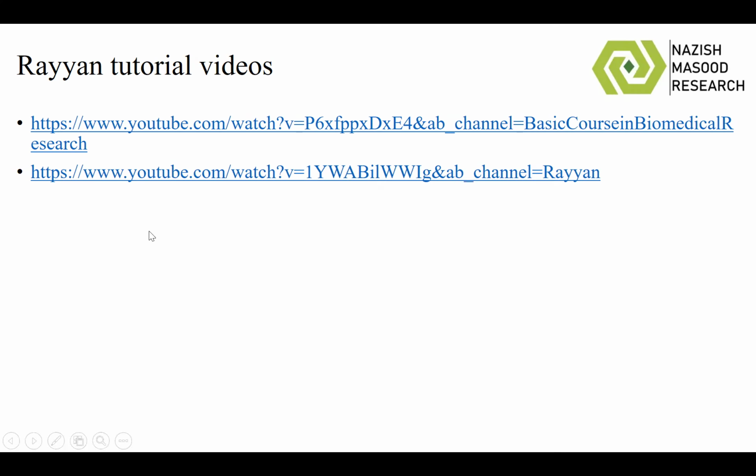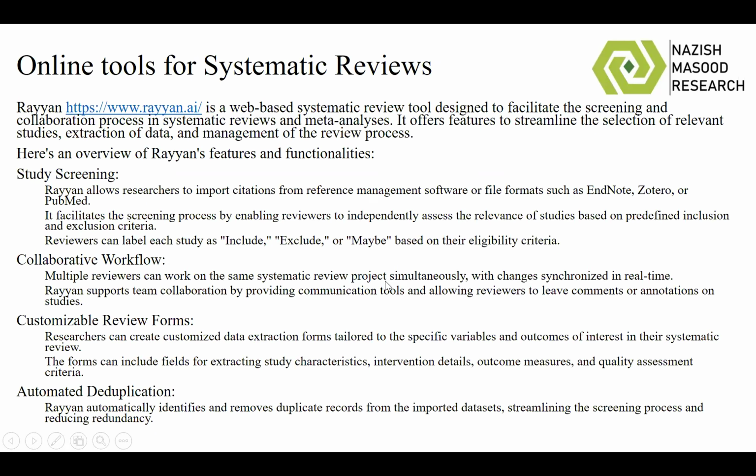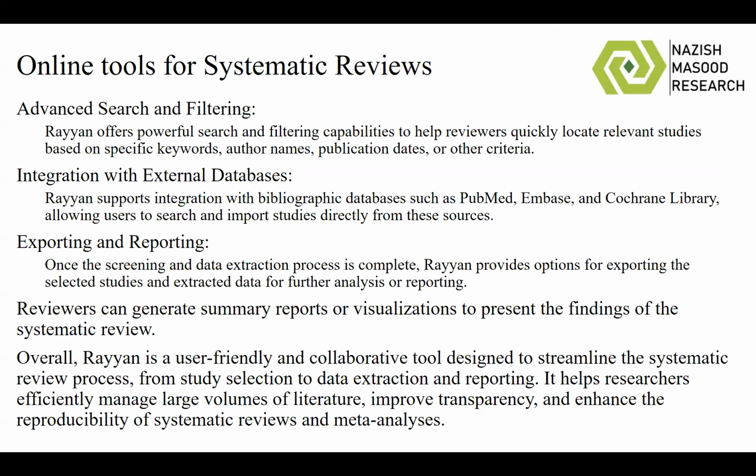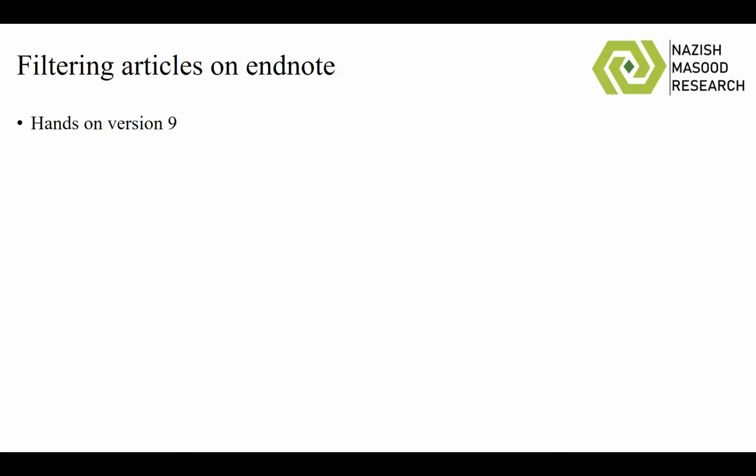So with that being said, we have covered today, number one, risk of bias assessment from Cochrane and from Newcastle Ottawa scale, the visualization of risk of bias, and then the Ryan tool. We showed how to export into Ryan, how to filter out results, and then how to export them into EndNote.